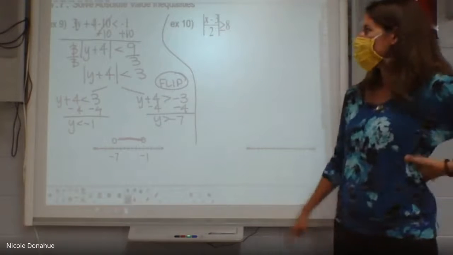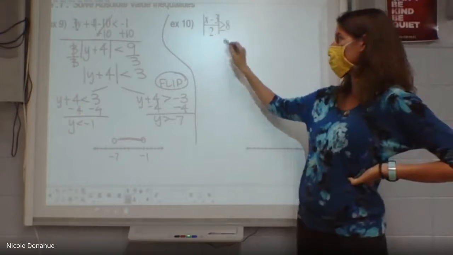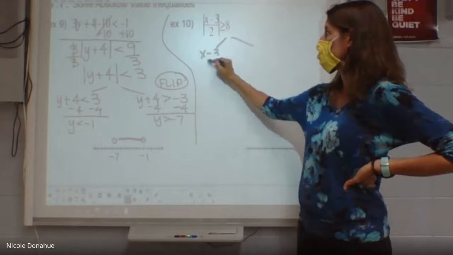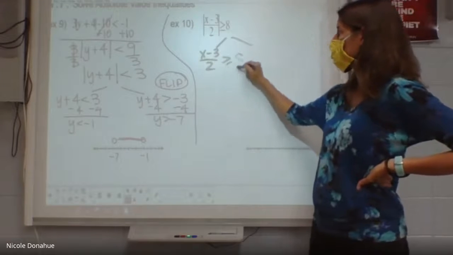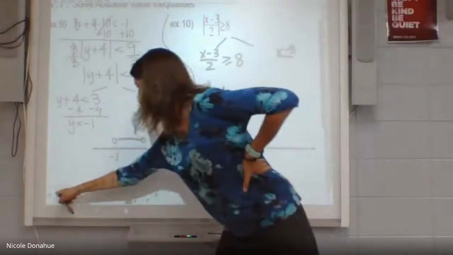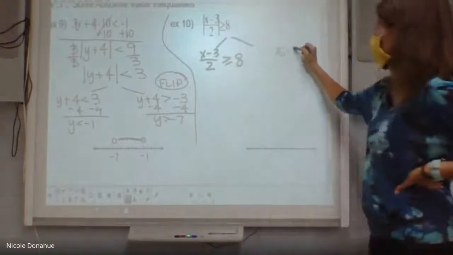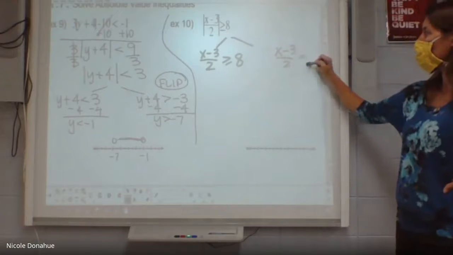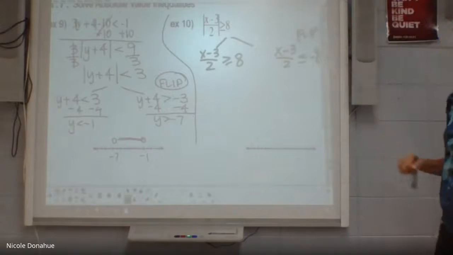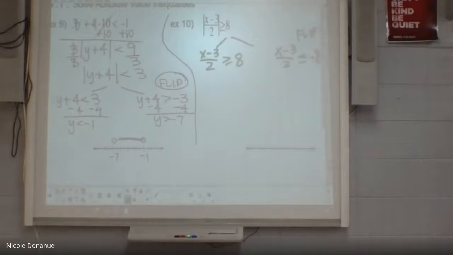Good job. So this one, absolute value is already isolated. So we're ready to set up our 2 versions of this problem. Remember, I have to flip that on the negative. So I have my two versions here, both a positive and negative, but I flip it on the negative one.